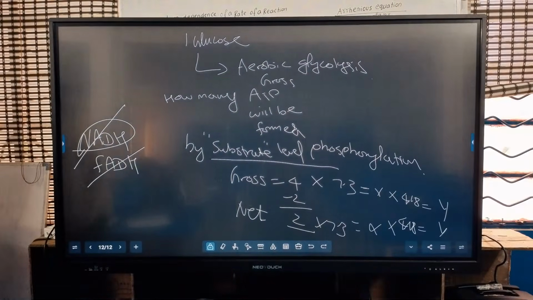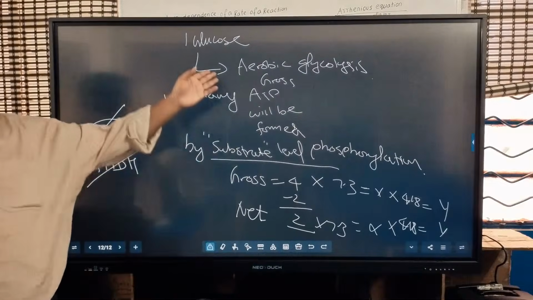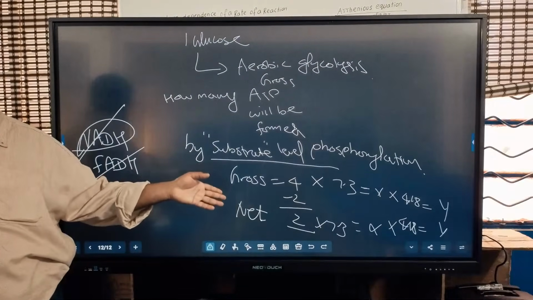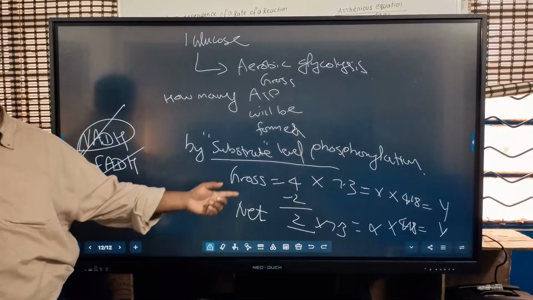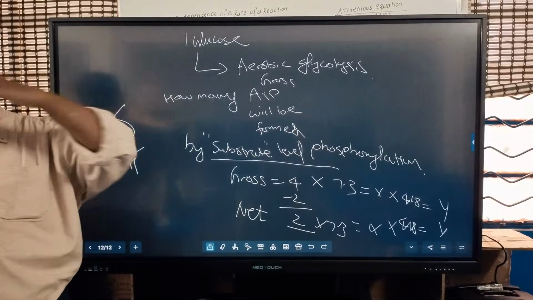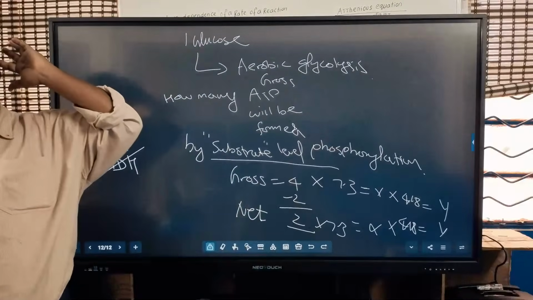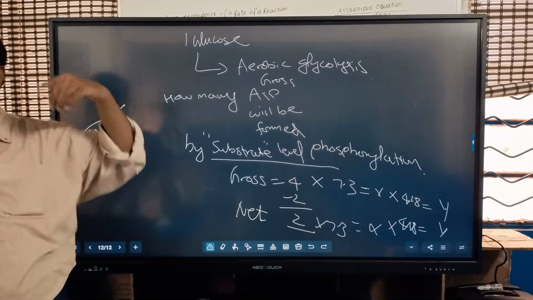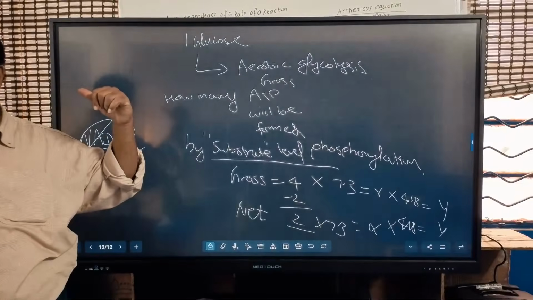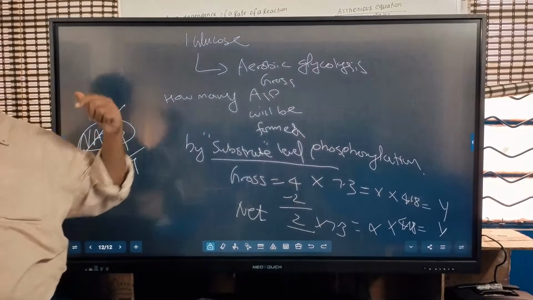For example, they'll give all these conditions and ask you to calculate kilojoules or kilocalories. Kilocalories means multiply with 7.3, and whatever value you get, you multiply again with 4.18 to get the kilojoules. Sometimes they will ask you to say it only in calories.